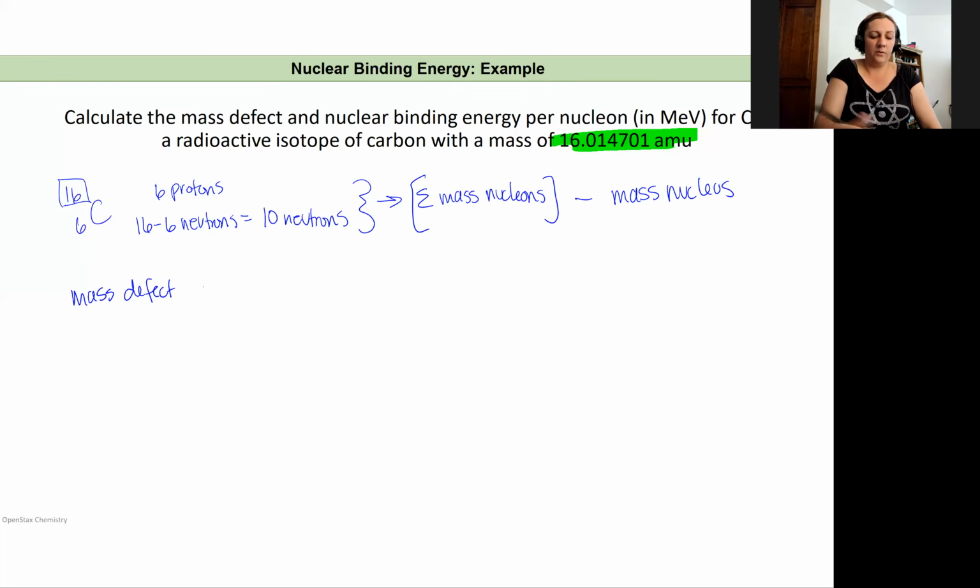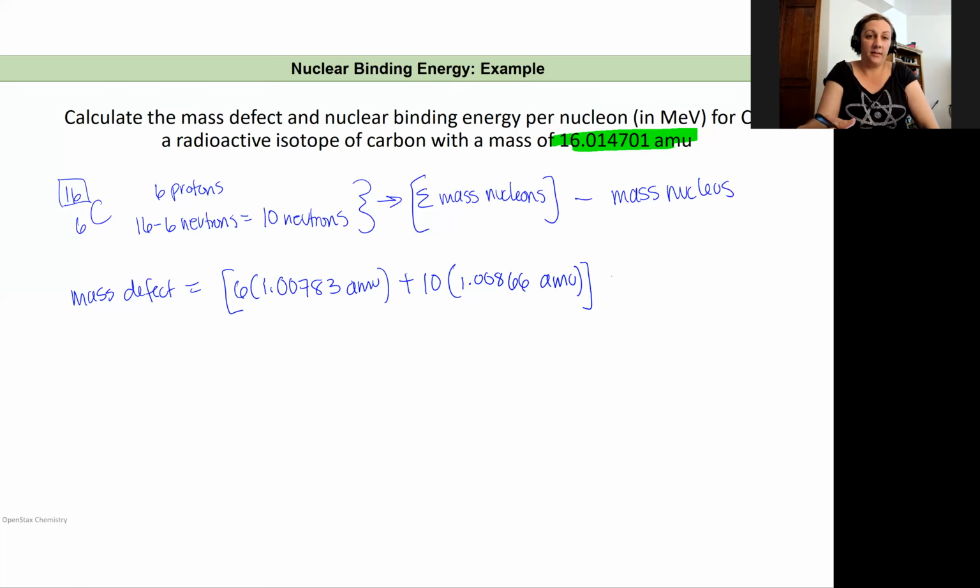So that mass defect is going to be equal to, I've got 6 protons, so I'll do 6 times the mass of my proton, which is 1.00783 atomic mass units, plus the 10 neutrons, so 10 times the mass of a neutron, which is 1.00866 atomic mass units.